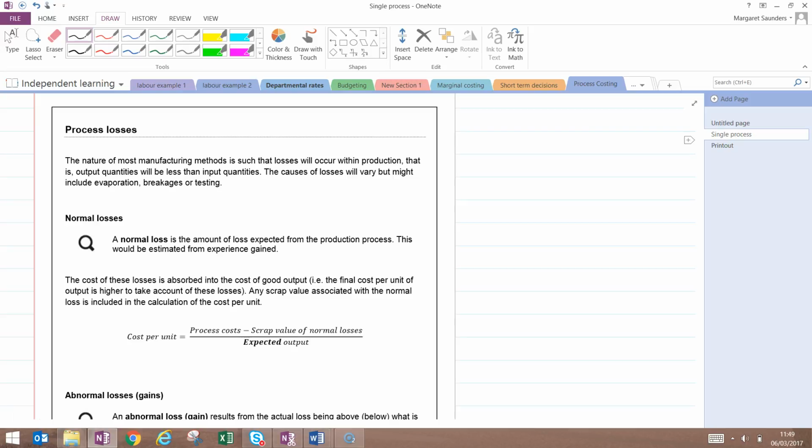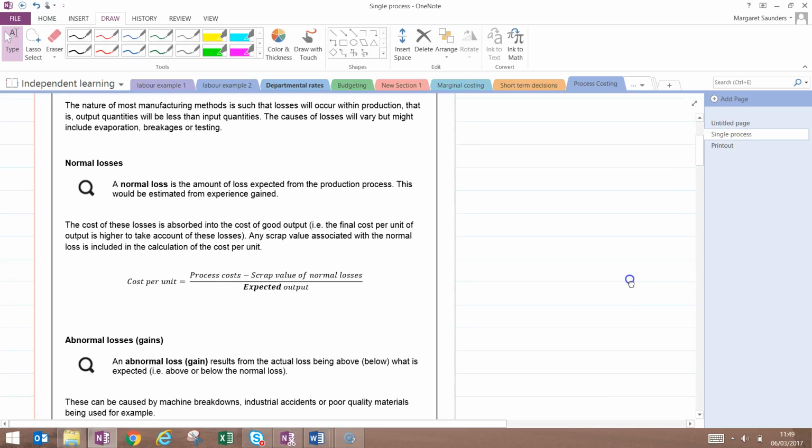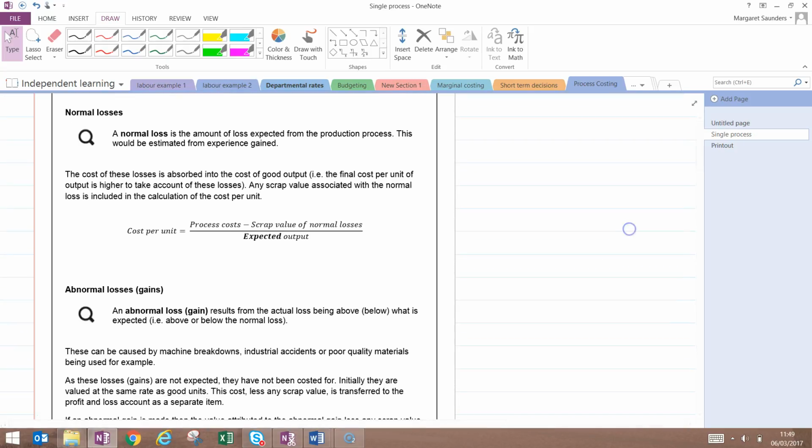There are also losses that we don't expect, and these are referred to as abnormal losses. So this is a loss that is over and above the normal loss. We can also come across abnormal gains.